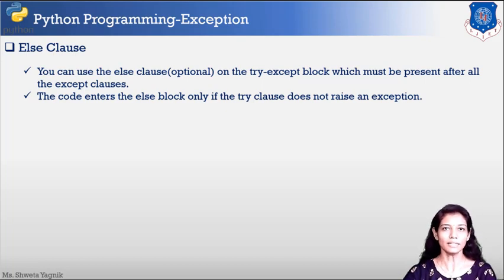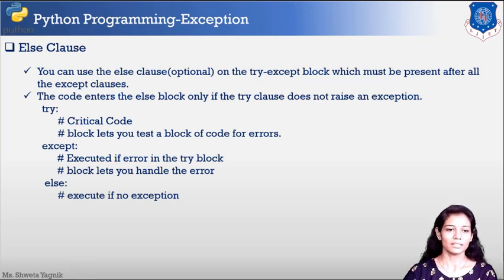So we'll see the syntax of how to use the else block. Here is the try, then you have except in case of any exception, and else executes if no exception is there. The else clause must come after all except clauses. So if your code has multiple except blocks, then your else clause should follow all of them.